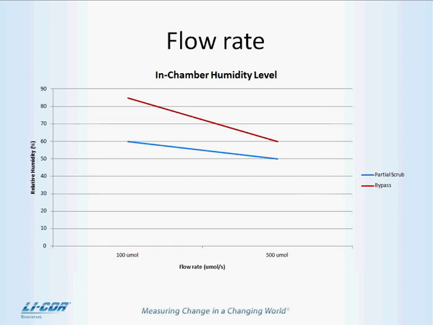As you can see from the graph here, the difference between partial scrub and full bypass, if you also combine it with changing the flow rate, you can get a much larger in-chamber humidity level range. And if you're having issues keeping your plant in that happy spot of 50 to 80% RH sample, you might want to consider changing the flow rate.